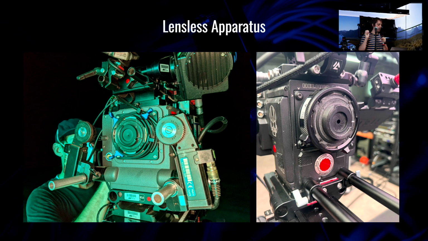Another thing we've done, because we think that the lenses being selected for these productions in many cases provide some type of creative intent, some type of filtration, for lack of a better word, that provides creative input on the final image.